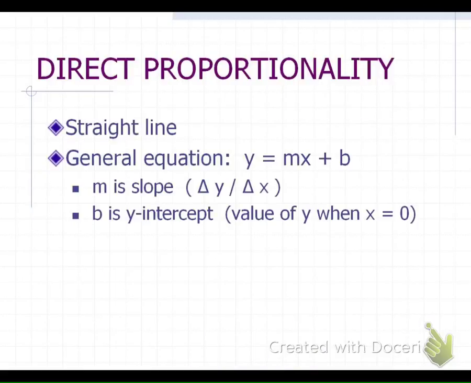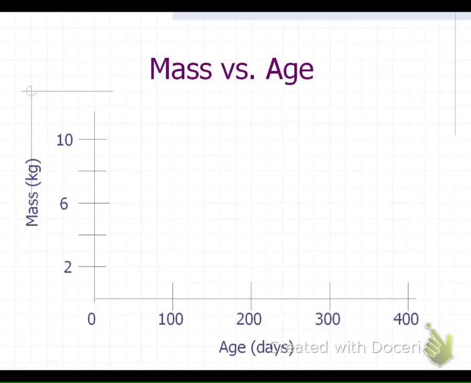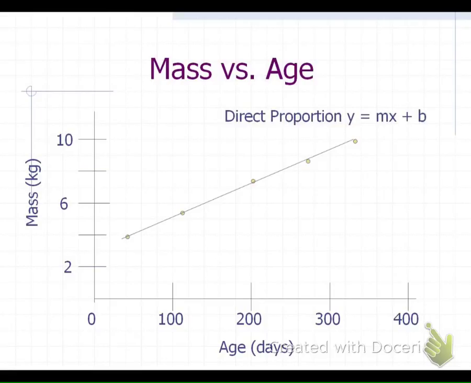In a direct proportionality, we will see a straight line after plotting, the general equation y equals mx plus b, where m is our slope and b is the y-intercept. Looking at a plot showing an example of a direct proportion shown with the data for mass versus age here.